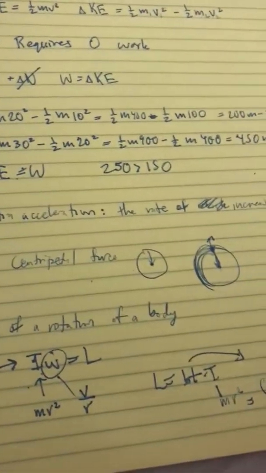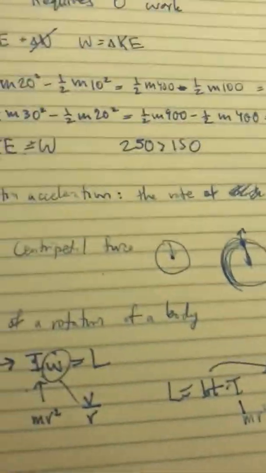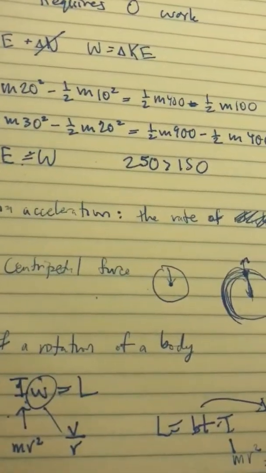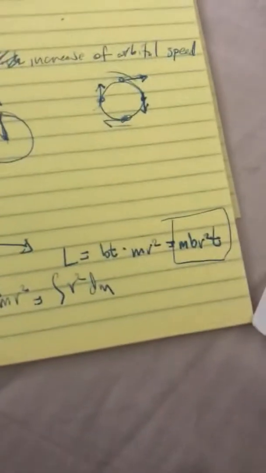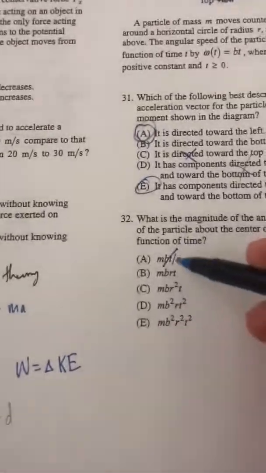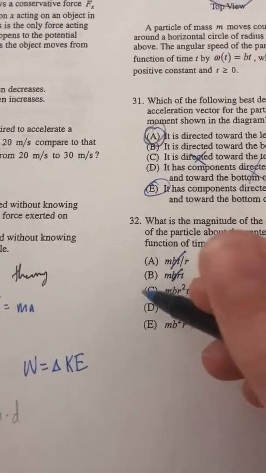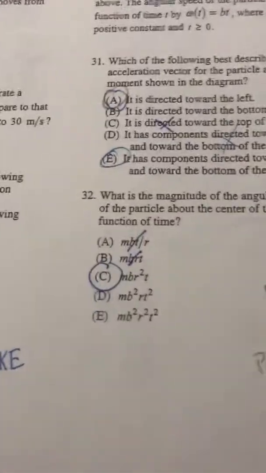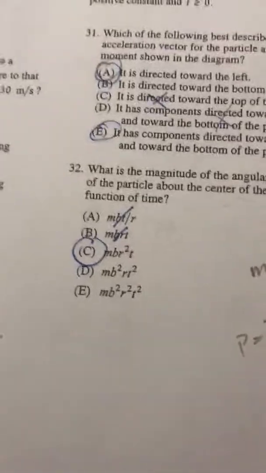So that's what we got for our angular momentum as a function of time. Here's our answer. Let's see if that matches up with any of our answer choices. Nope, A is a no. B is a no. C, there we go. mbr squared times t. That's our answer choice.